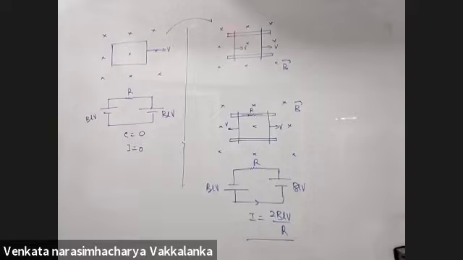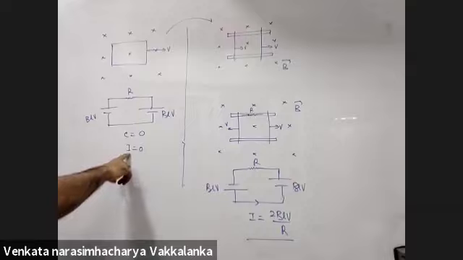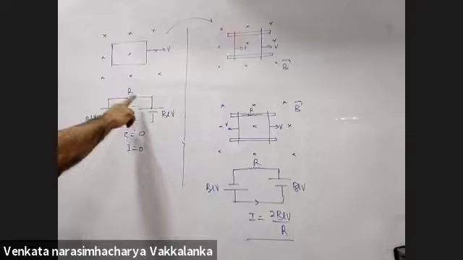In the left diagram, the lower one will be R, right? Left diagram, lower one. Okay. Yes, the lower wire should also have an R, right? All are in series.